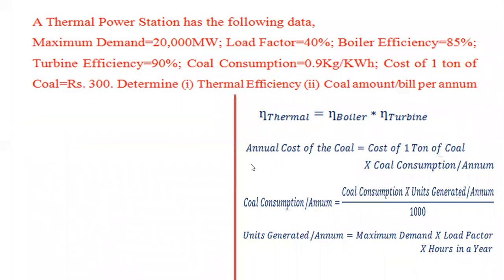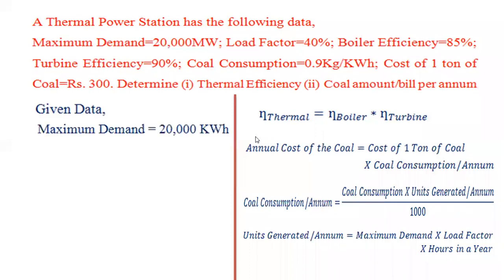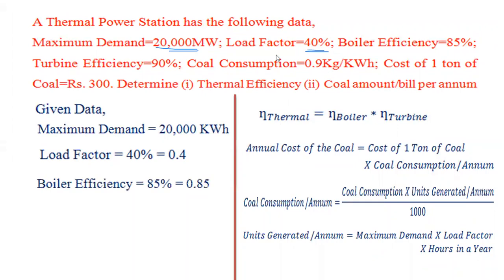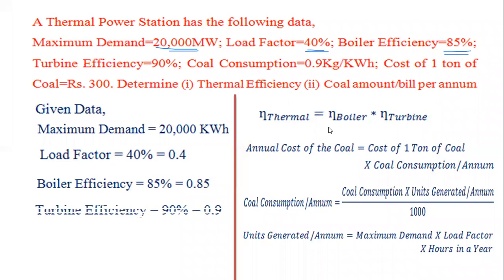Now we will see the given data in the problem: the maximum demand is 20,000 megawatt, and the load factor is 40%, that is 40 by 100, 0.4, and the boiler efficiency is 85%, that is 85 by 100, 0.85, and the turbine efficiency is 90%, that is 90 by 100, 0.9.